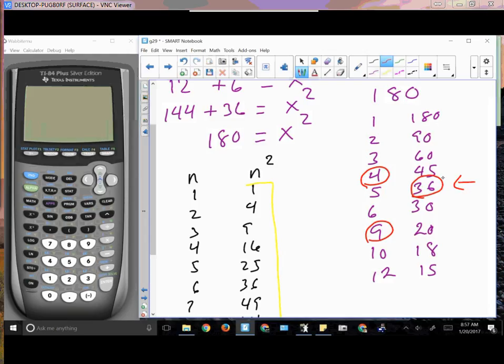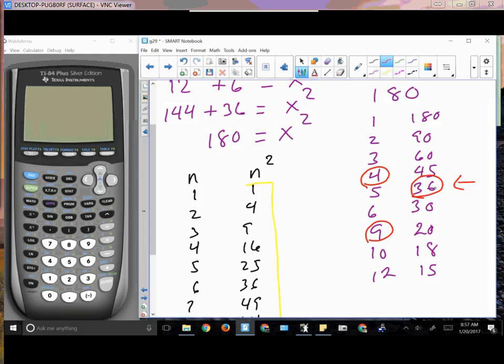I got a perfect square here at 4, but I don't want to stop there. I want to keep on going. Let's say, for example, I missed that and didn't get the 36 and I went down to the 9. My biggest one was 9, then I would factor out the 9.